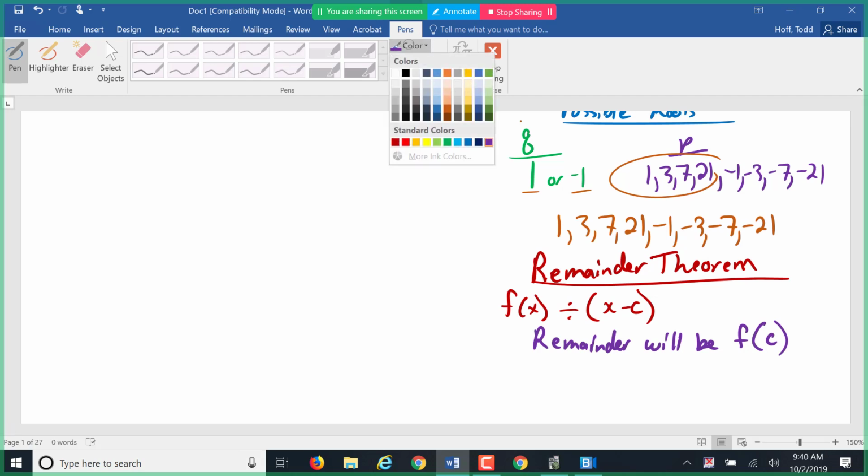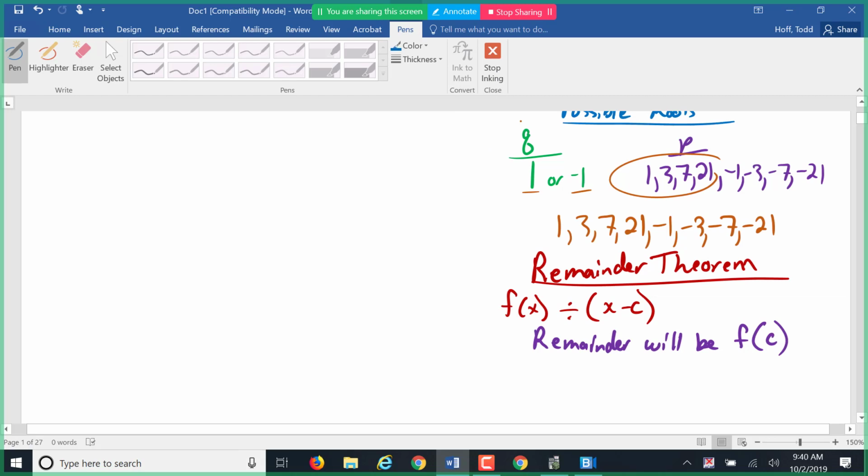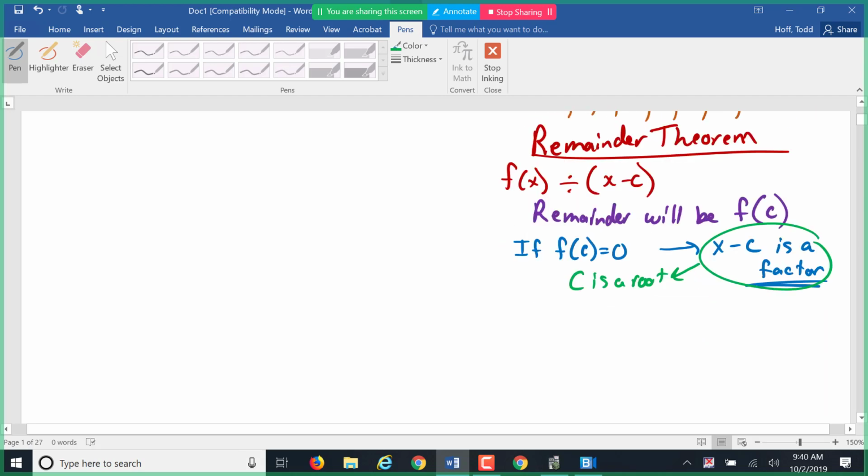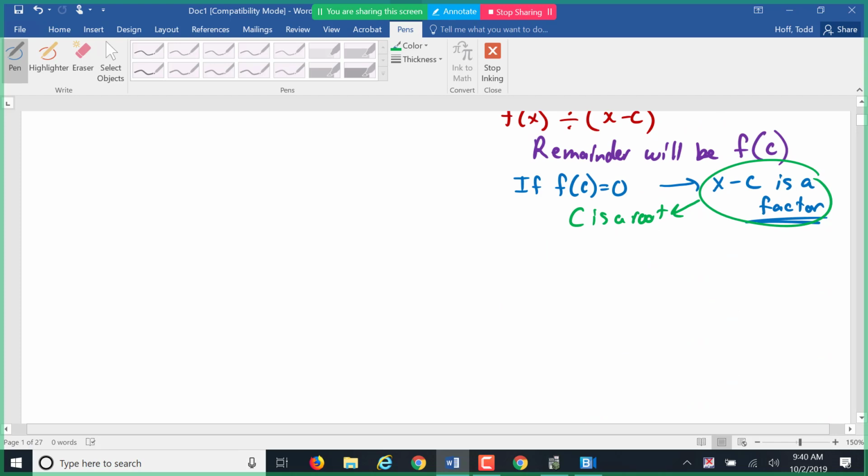So a consequence of that is if f of c equals 0, then x minus c is a factor. And remember, a factor is where we get our roots. So if x minus c is a factor, that means that c is a root. I'll scroll that up in case that's blocked by the corner of the screen.